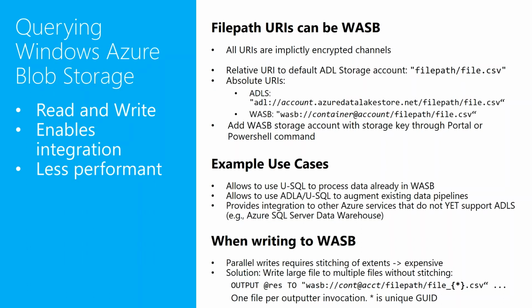So this is a little bit similar to what Hive is doing when it writes large data. It will basically write it at the directory level, and then we'll have different extents at the file level. So you can basically mimic that using OUTPUT if you have to write a lot of data into WASB.